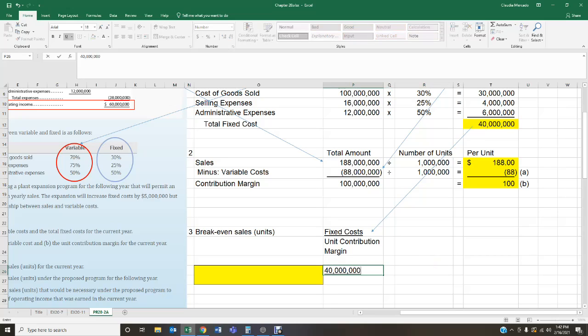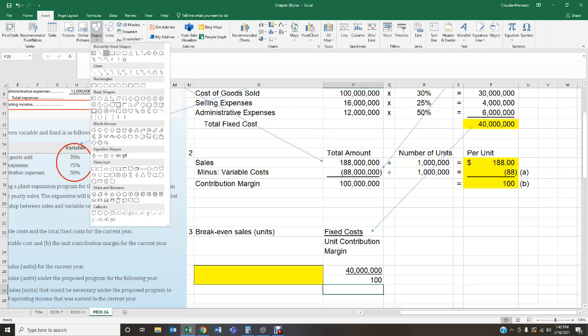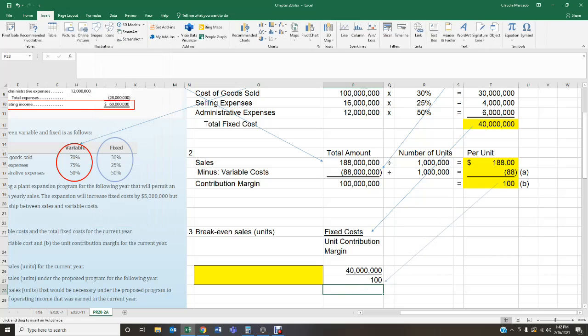Okay, and I'm going to divide by the unit contribution margin. And the unit contribution margin was calculated in requirement number 2, which was $100. Okay, so that's coming from there.